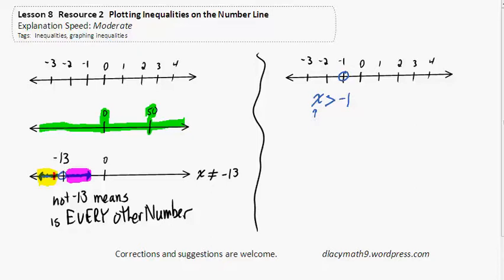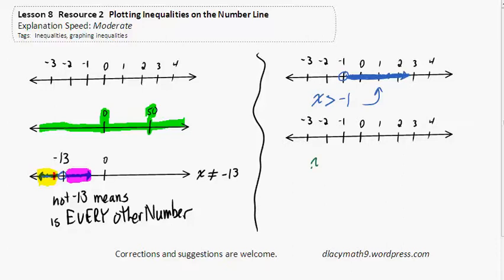But every number, including 0, even a number fractionally larger than negative 1, a half, 1, 1.5, 2, everything, all numbers above negative 1 are part of the answer. So this representation shows x is greater than negative 1.